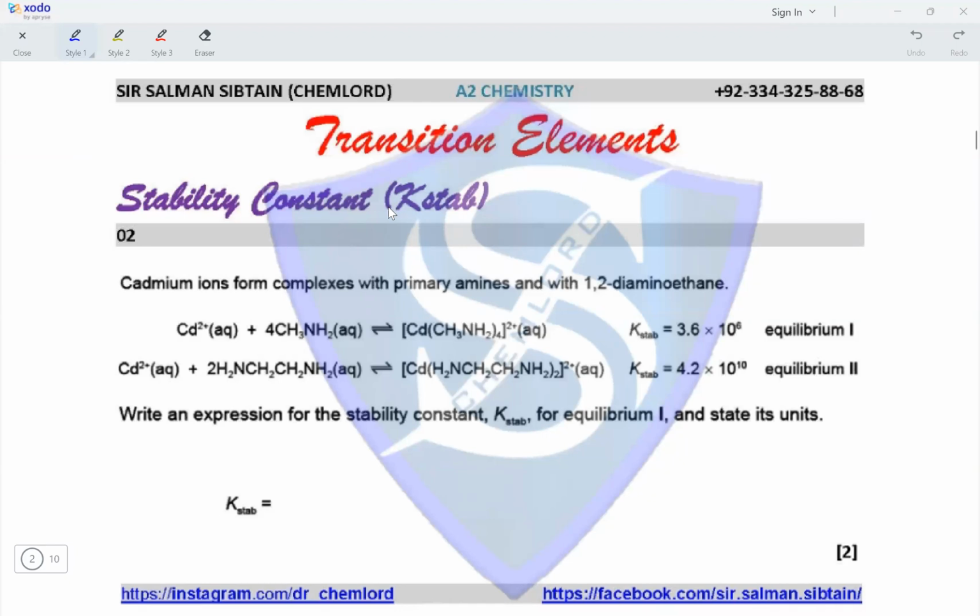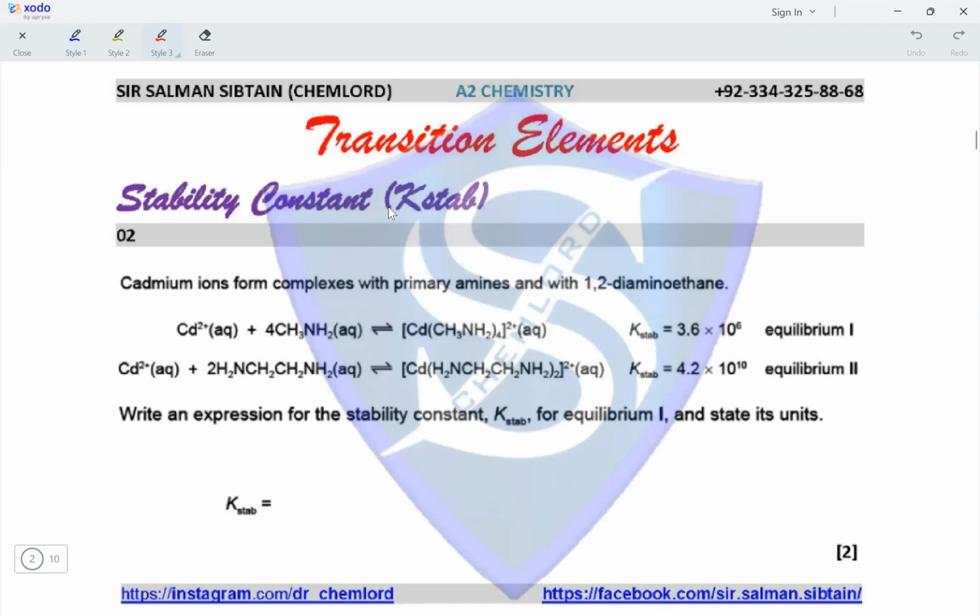Question 2. Cadmium ions form complexes with primary amines and with 1,2-diaminoethane, and both these equilibriums have been written. Write an expression for the stability constant for equilibrium 1 and state its units.